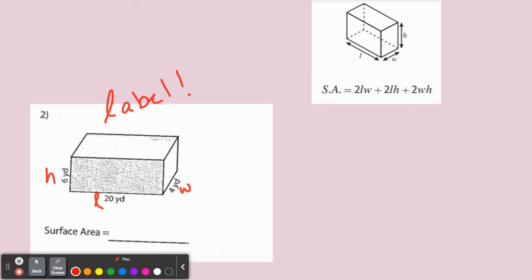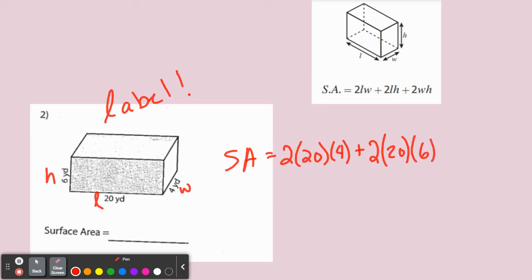So that is going to be surface area equals, again, just putting these values into your formula, 2 times the length, which is 20, times the width, which is 4, plus 2 times the length, which is 20, times the height, which is 6, plus 2 times the width, which is 4, times the height of 6. So then once you're here, you can just enter this into your calculator.